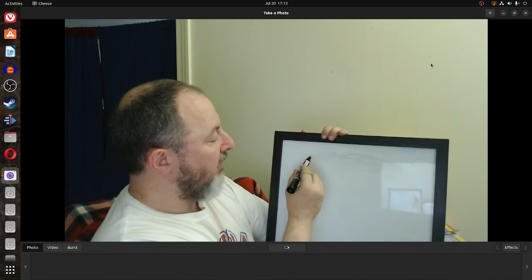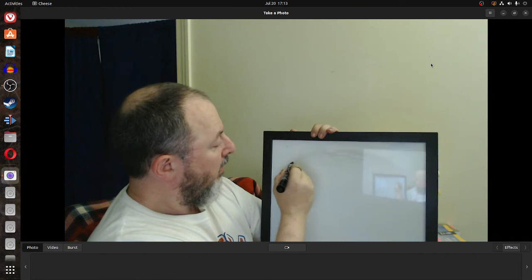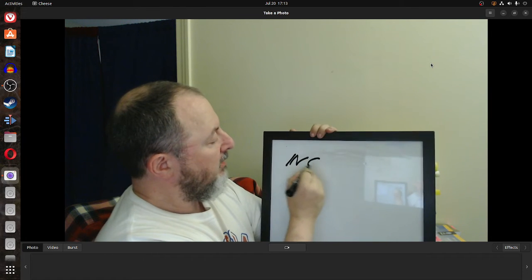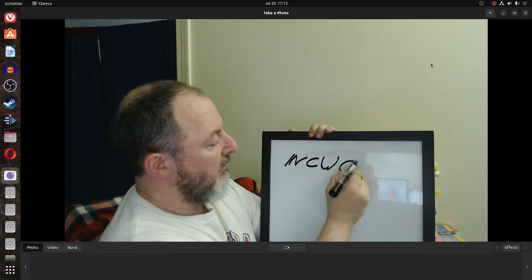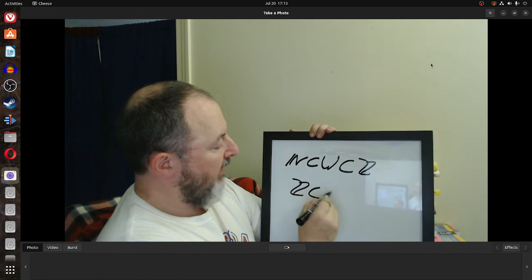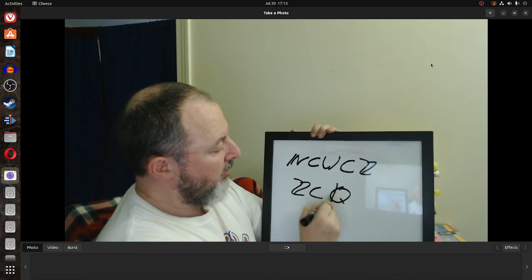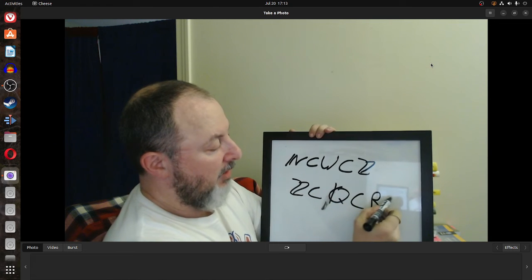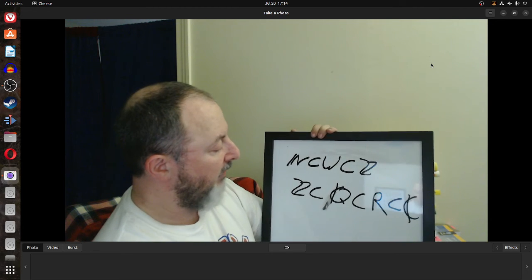Okay, so you have the containments. The natural numbers are contained in the whole numbers. Those are contained in the integers. The integers are contained in the rational numbers. The rational numbers are contained in the real numbers. And the real numbers are a subset of the complex numbers.